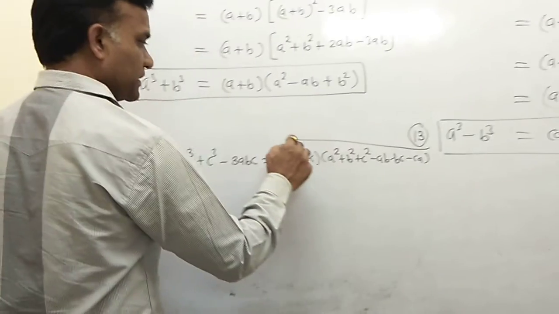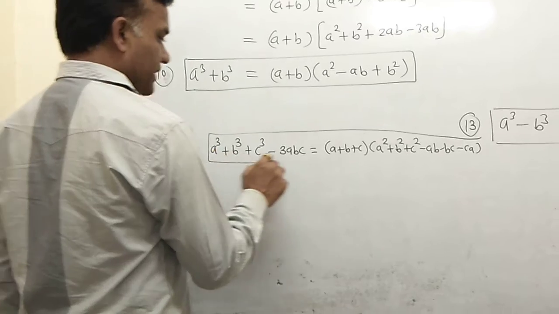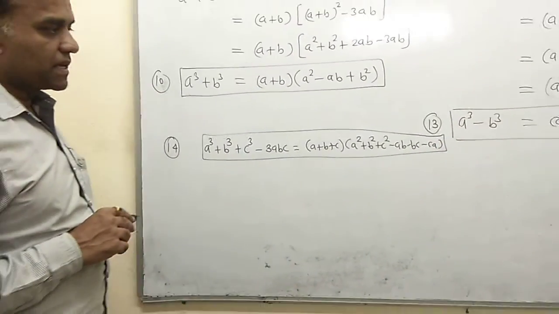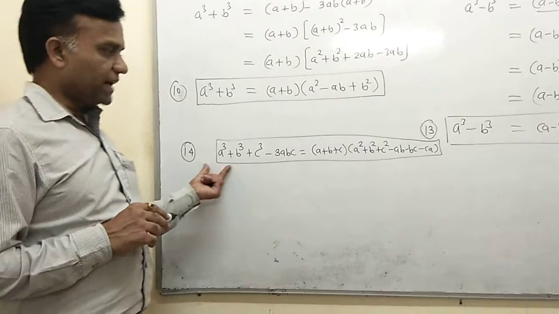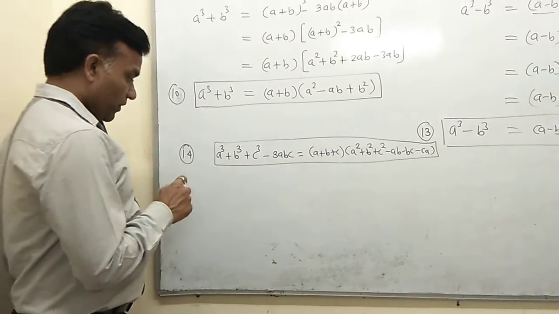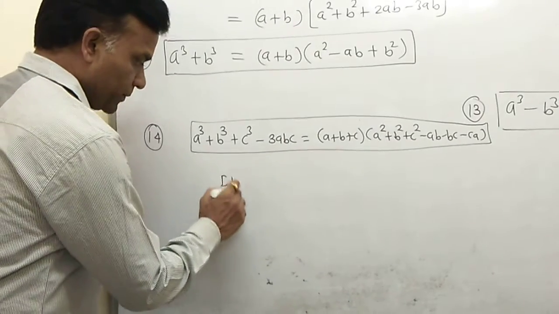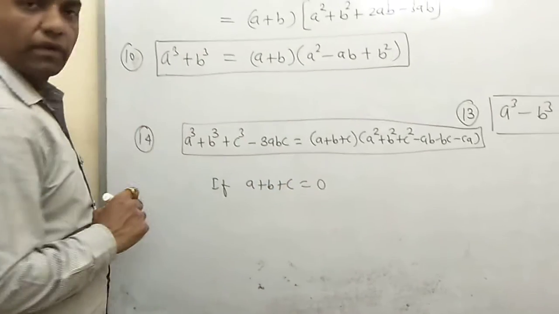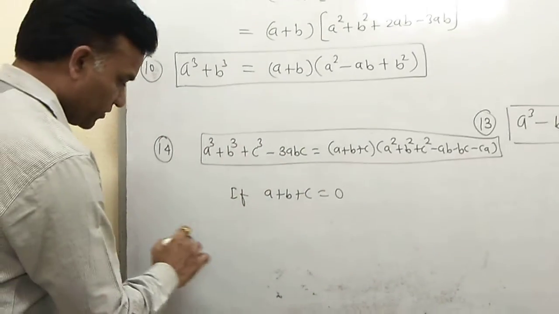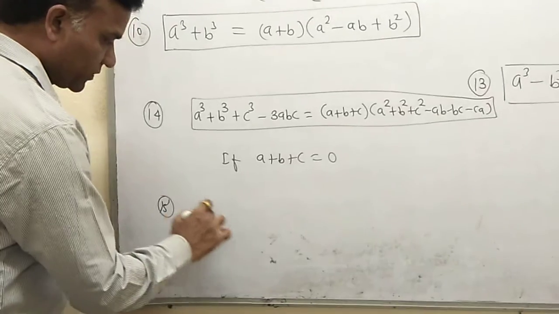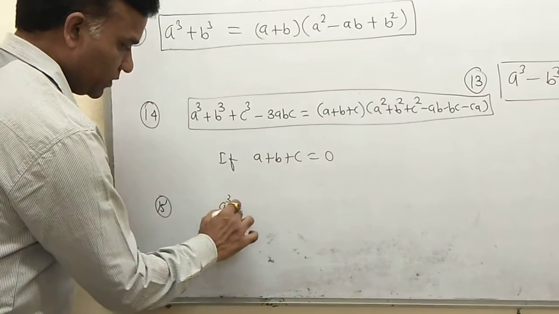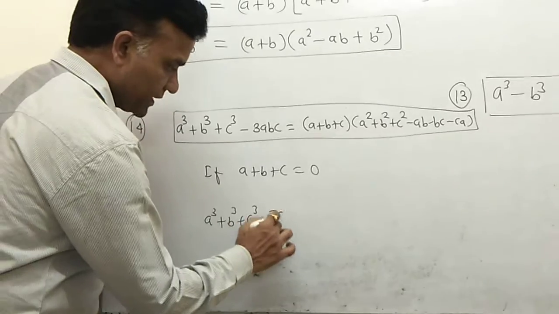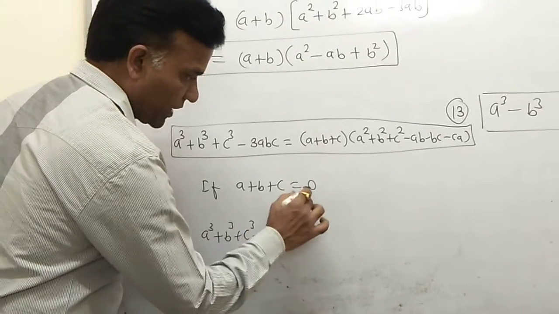Okay, so this is the identity for writing three terms, a cube plus b cube plus c cube. You can write it in this form with one more condition: if a plus b plus c equals 0. Then the formula becomes a cube plus b cube plus c cube minus 3abc, and since a plus b plus c is 0, the whole expression is 0.